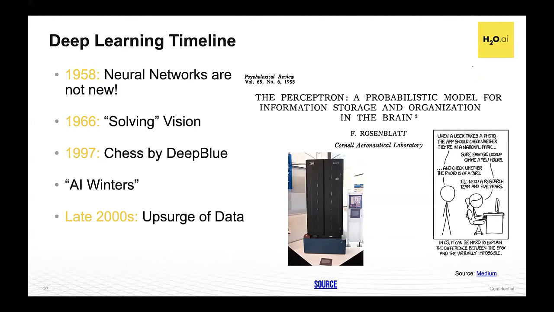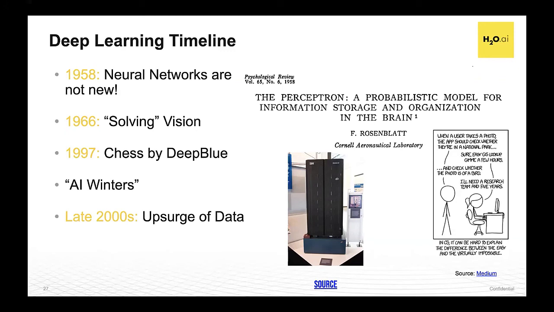In 1997, IBM created Deep Blue, an AI, broadly speaking, that solves chess. And this was based on the perceptron algorithm. Following that, there was a phase of so-called AI winters where we didn't see any growth in deep learning, where we didn't see any action in deep learning in the industry, so to speak.